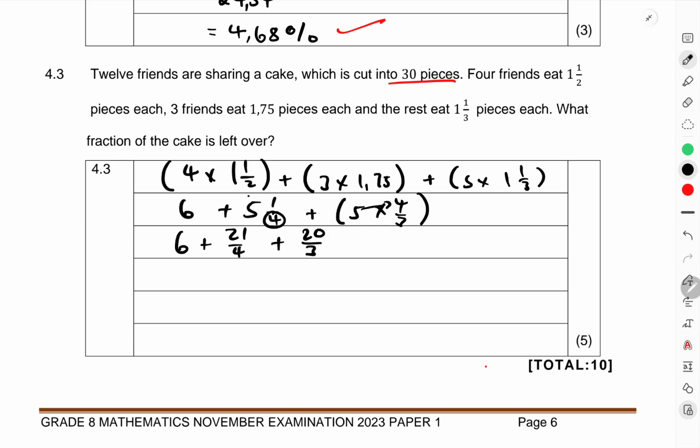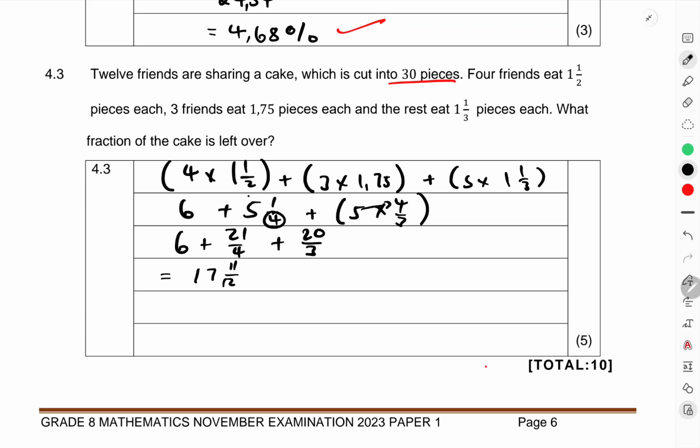Therefore, let me just punch everything in total. We are going to add everything. What is 6 plus 21 over 4 plus 20 over 3? We can punch it with the use of a calculator, which is going to be 17 11 over 12, right?